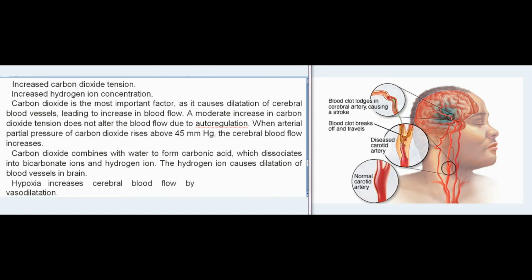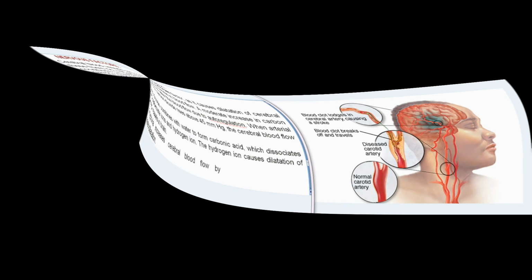When arterial partial pressure of carbon dioxide rises above 45 mm Hg, the cerebral blood flow increases. Carbon dioxide combines with water to form carbonic acid, which dissociates into bicarbonate ions and hydrogen ion. The hydrogen ion causes dilatation of blood vessels in brain. Hypoxia increases cerebral blood flow by vasodilatation.